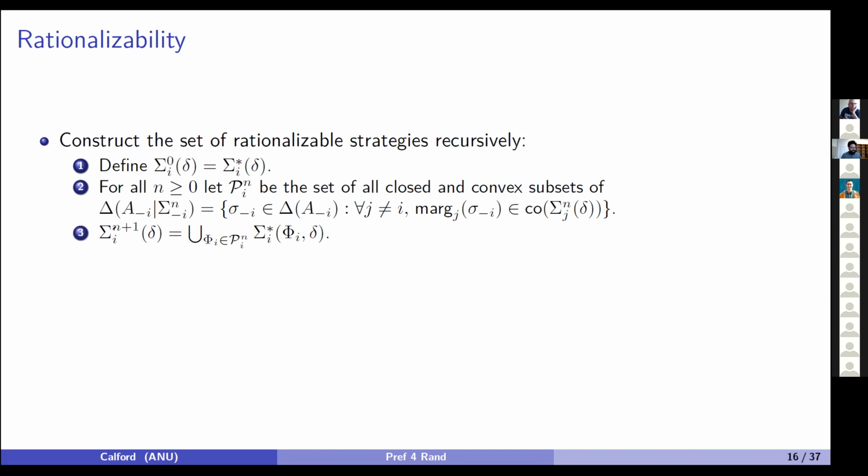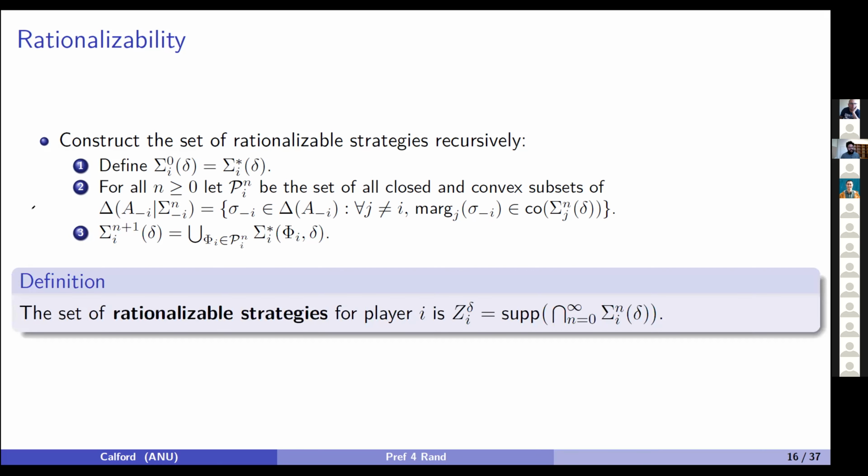And then we iterate to my next level set of best responses, being the union only considering belief sets that are inside this set we defined in number 2. And then for the set of rationalizable strategies, we take the intersection of all these sets going from n to infinity. So it's analogous to the standard definition of rationalizability, but we have to be a little careful in how we're constructing our set of beliefs here in step 2. So this is our set of rationalizable strategies.